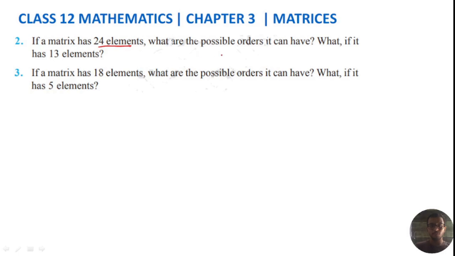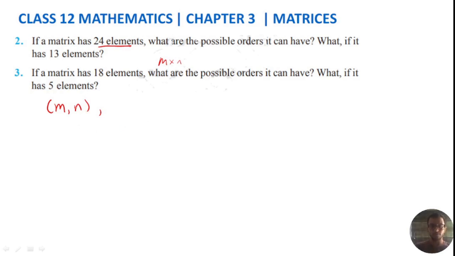So we need to find all the possible orders. Suppose the order of the matrix is m cross n, and we are given that the total number of elements is 24. We can write the order as an ordered pair also, or as m cross n, but maybe they will prefer the ordered pair.